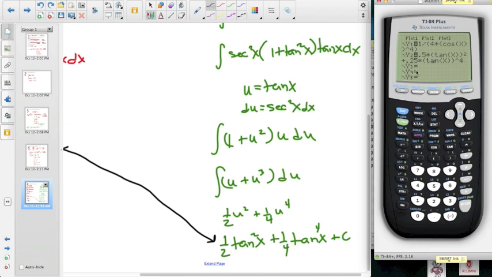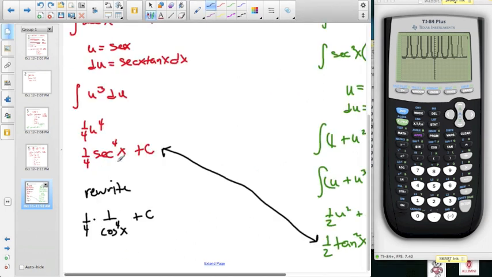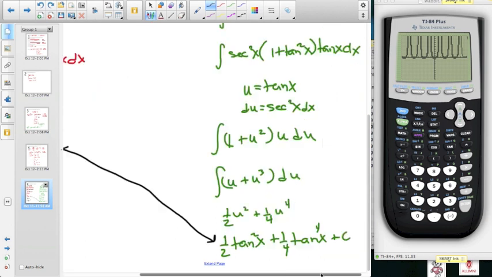And then I can go ahead and graph this, and I'm going to change this to a thick line so that we can see it graph separately. So here's the thick line coming up, and as you can see, that 1/2 tan squared x plus 1/4 tan to the 4th power x lies right on top of my original function that I put in for y1, which means it lies right on top of this 1/4 secant to the 4th x.